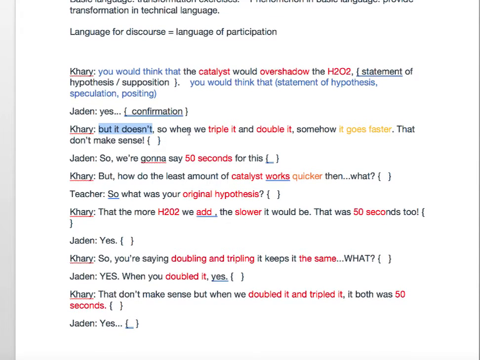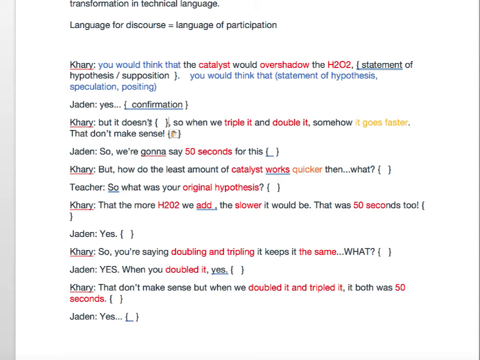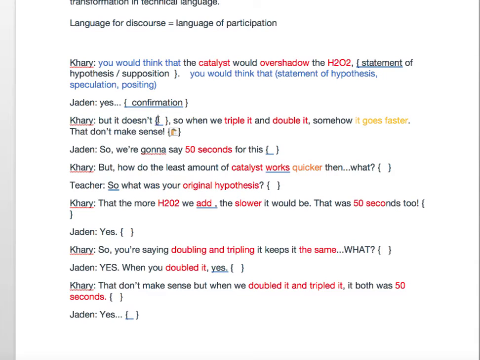But it doesn't. So when we tripled it, somehow it goes faster. There are actually a couple of little language functions going on here if we want to be faithful to this analysis. This little thing here is a negation, not quite a refusal. The word escapes me at the moment; I'm sure I'll find a better linguistic way of saying it.